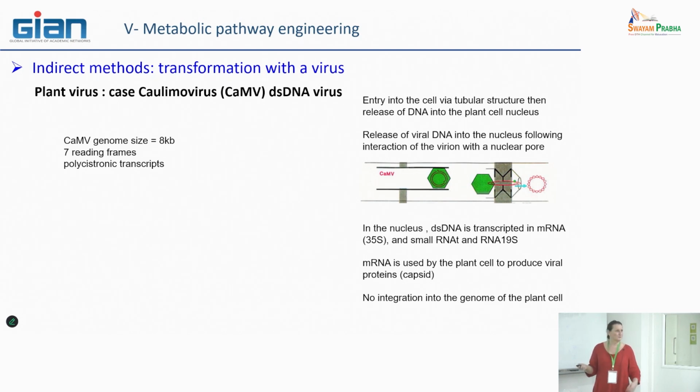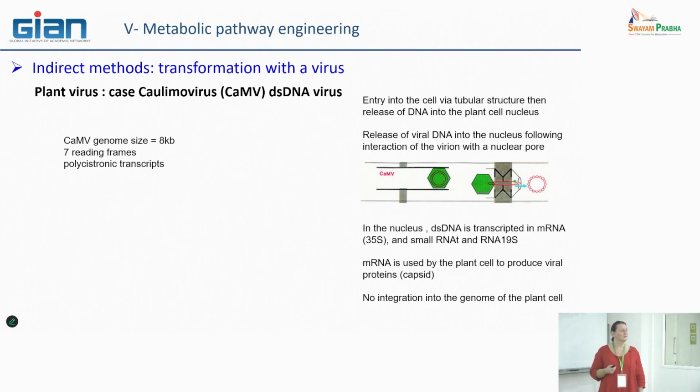And what is also interesting is that this virus genome is not integrated in the plant cell genomes. So it will be a way to manage transient transformation of plant cells, because this way we are sure that it is not integrated.